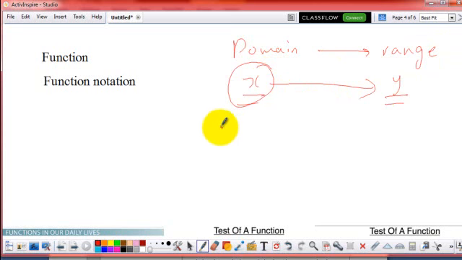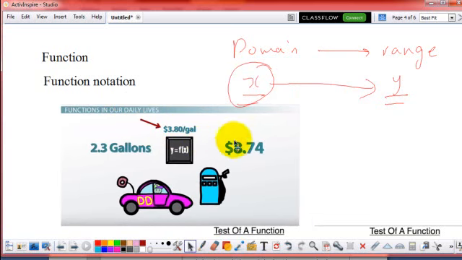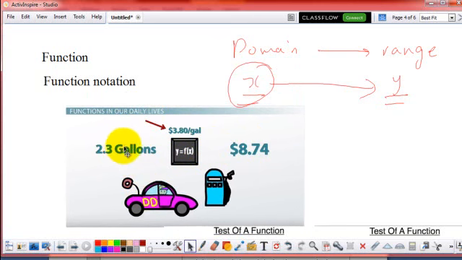For example, if we study the function that represents the price of fuel of the car, we define the amount of fuel as the variable x and the price as the variable y, which varies with x. So for each value of x, for each quantity of fuel, there is one and only one price as a function of it.